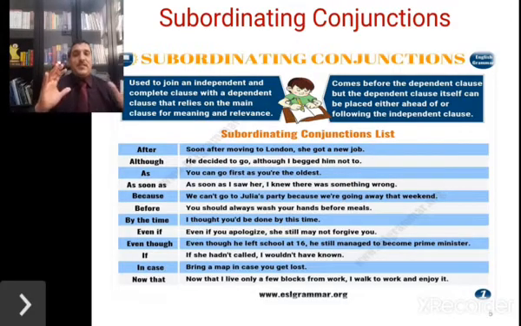Even if, so here's the conditional expressions of the probability for doing things. Even if you apologize, she still may not forgive you. See, here we have even if, even though, even when, even so.